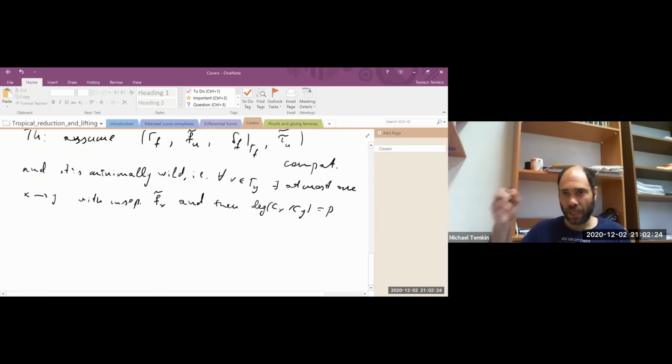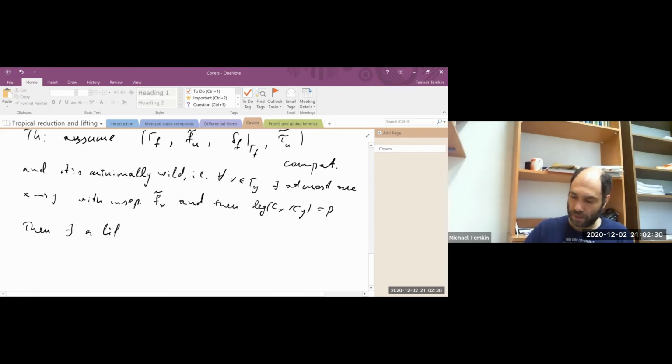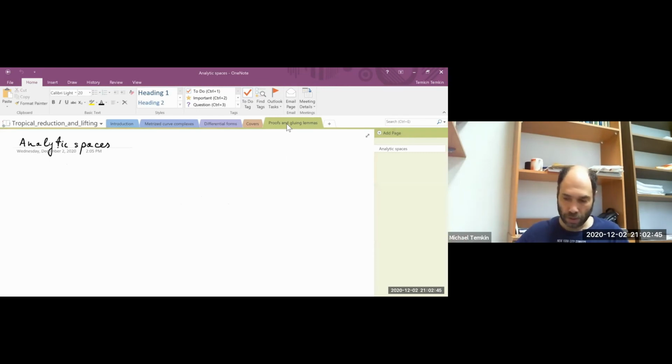So the only inseparable one is just Frobenius. And then there is a lifting of this data. So it seems that again, in this minimally wild case, the tropical reduction does not lose any data.